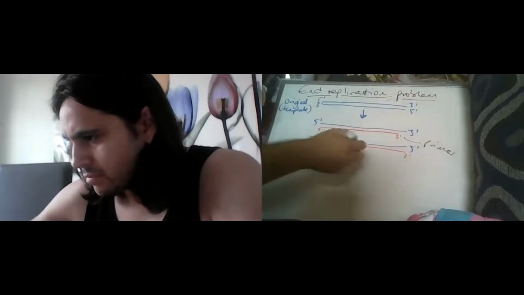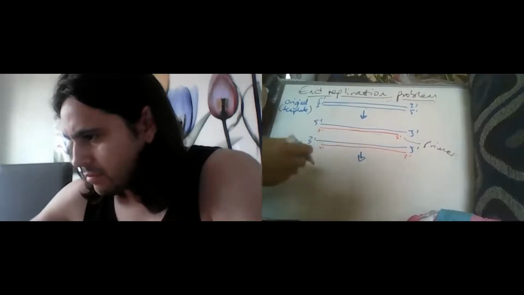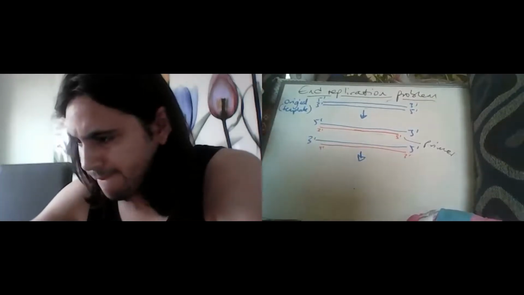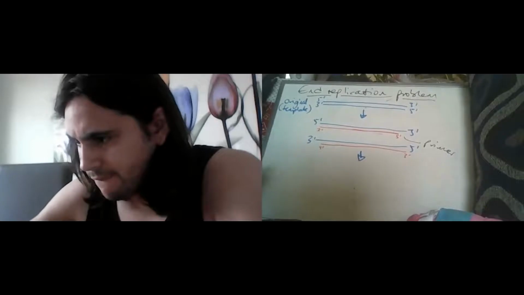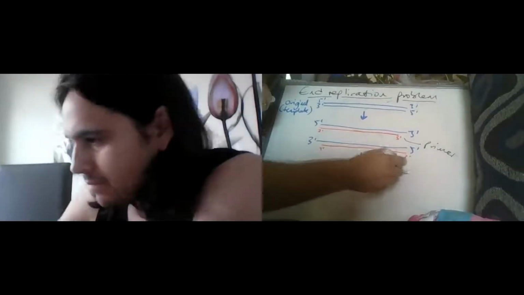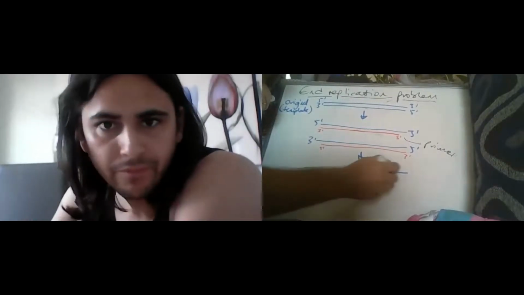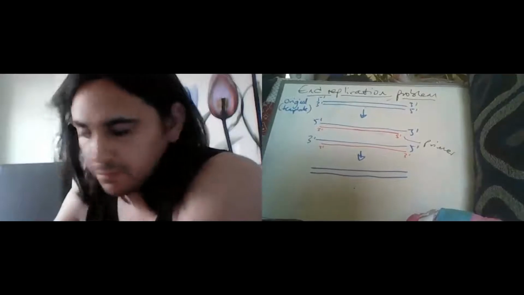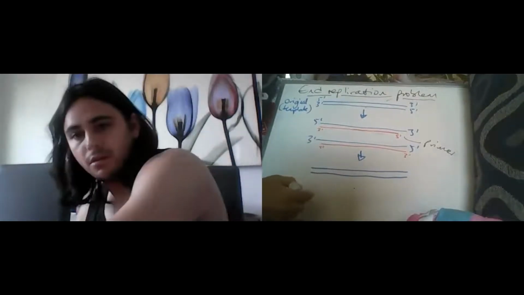So essentially what that then results in is, when each of these is used for the next round of DNA replication, you're going to have 2 which are like so.